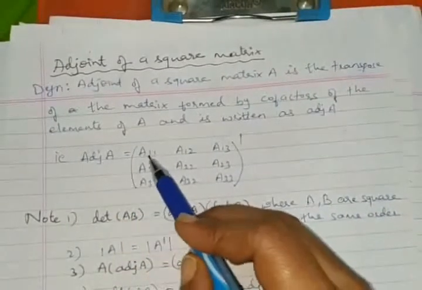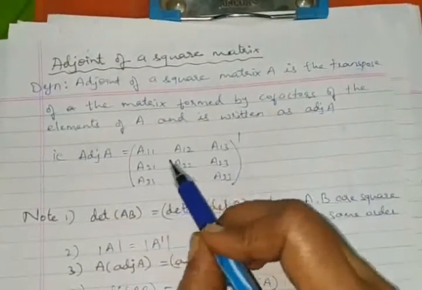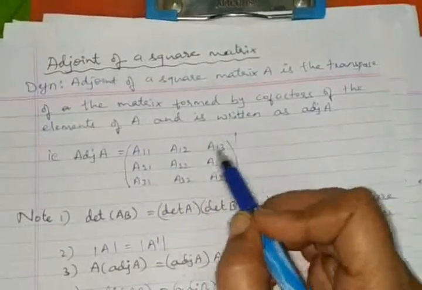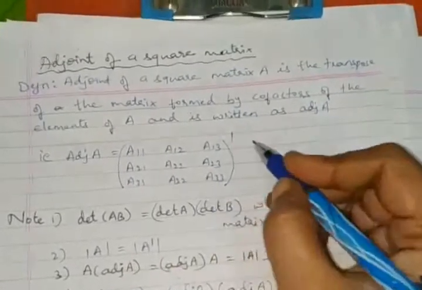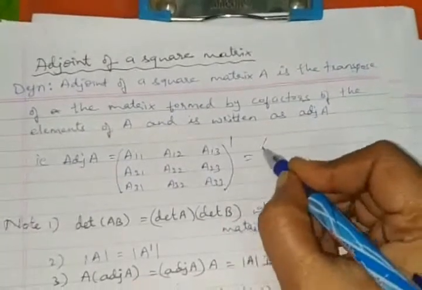So adjoint of A is A11, A12, A13. They are nothing but the cofactors, followed by all the elements taken here. Transpose implies exactly that I have to go for transpose.